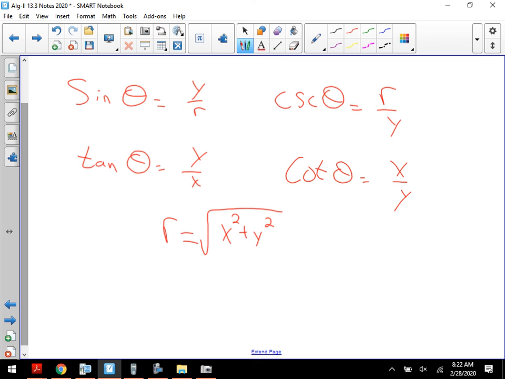First and fourth. Where's y positive? First and second. Where's sine positive? Think about what we did with law of sines. What happened with law of sines when we got to the second quadrant? Remember how I shared the y value of the reference angle in the first quadrant? This is why it works.